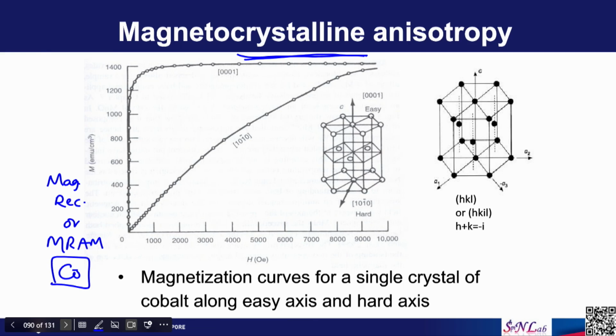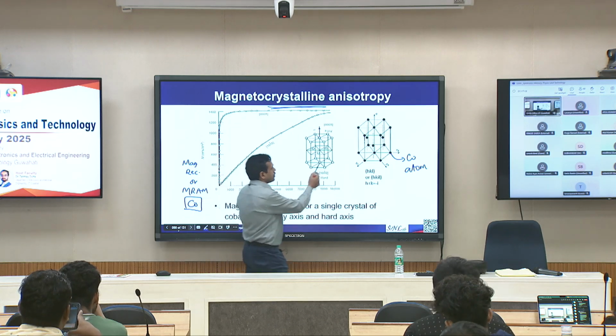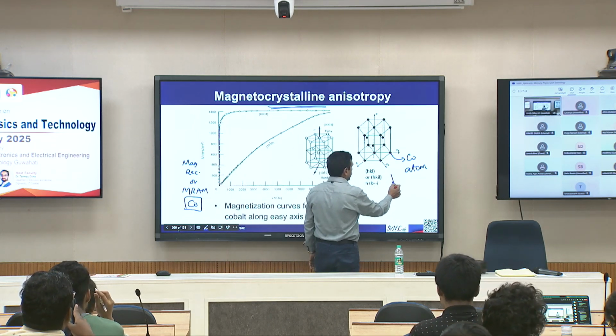In the case of cobalt, you have a hexagonal crystal structure. In this picture all these dots represent cobalt atoms. If you take a unit cell of cobalt, the cobalt atoms are arranged in hexagonal crystal structure. Okay. So, this is a hexagonal crystal structure.